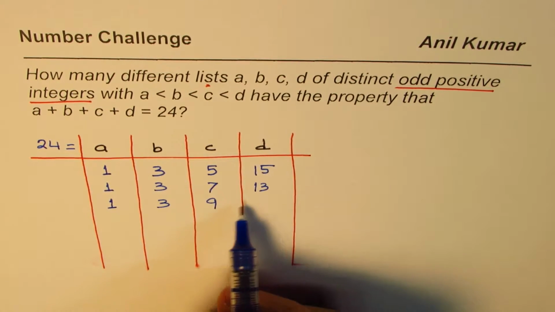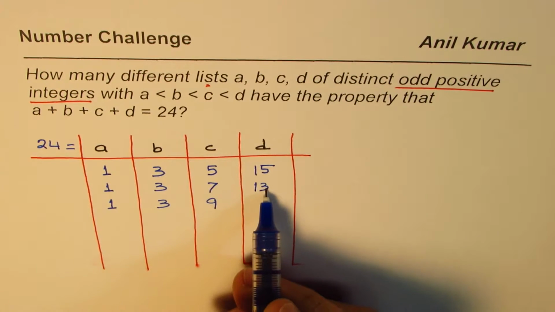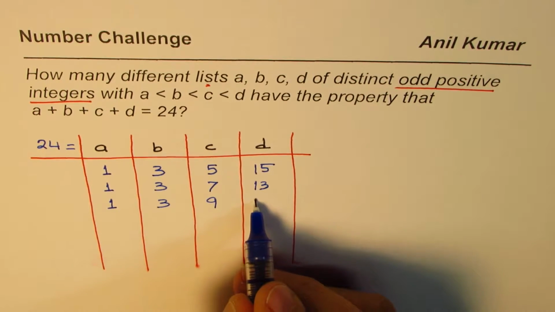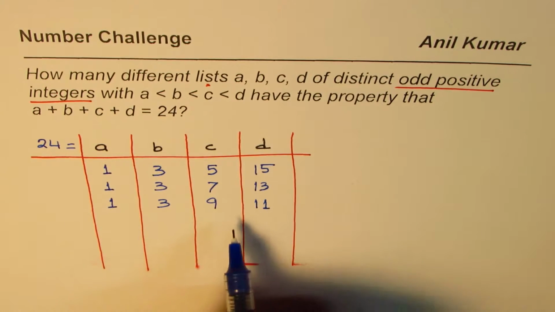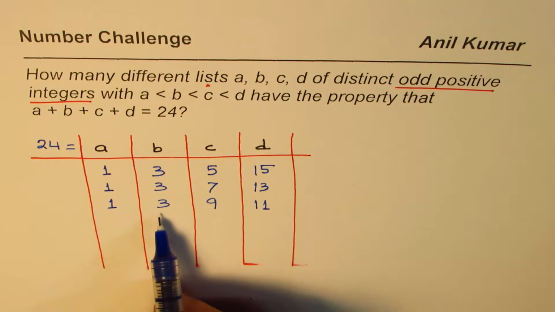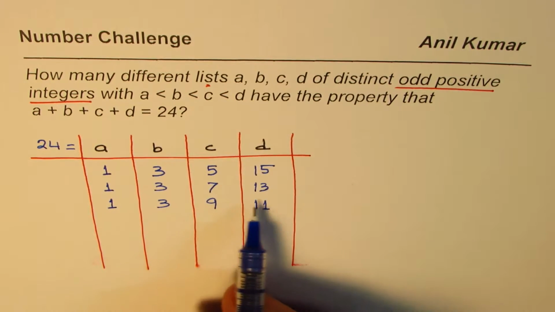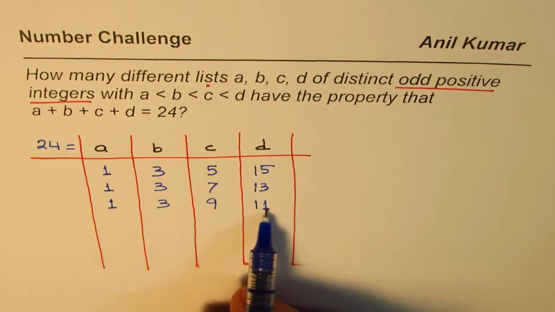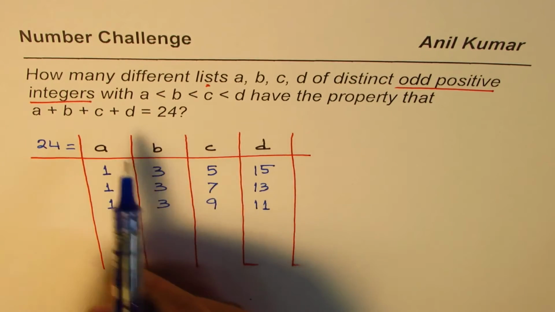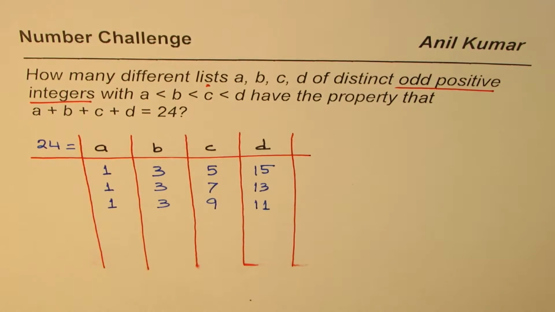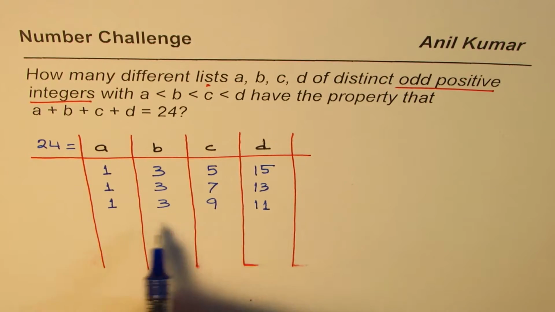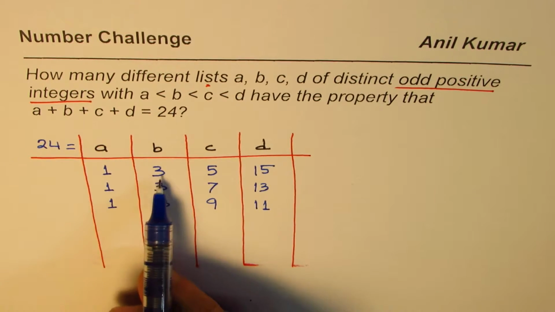That is what we are looking for. Or increase this by 2, decrease that by 2. So that gives me 11. Now look here. Next time, if I increase 9 to 11, I will have to write 9 on this side. That is not permitted since they are in increasing order, correct? So we have already exhausted the list with 1, 3.